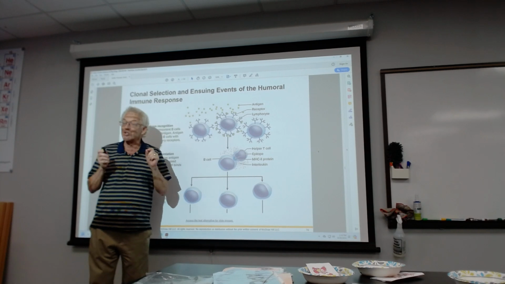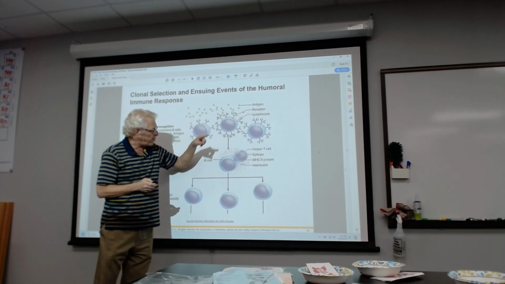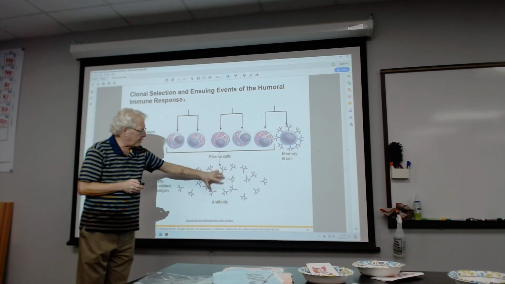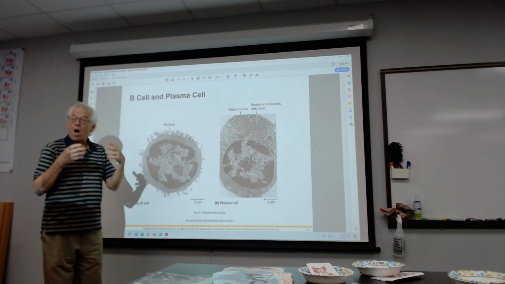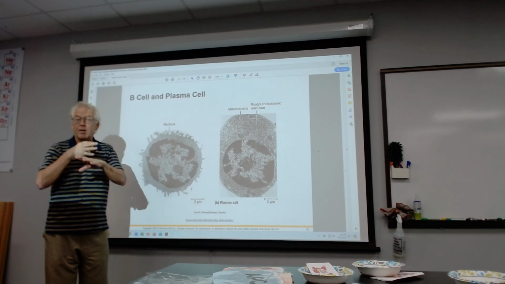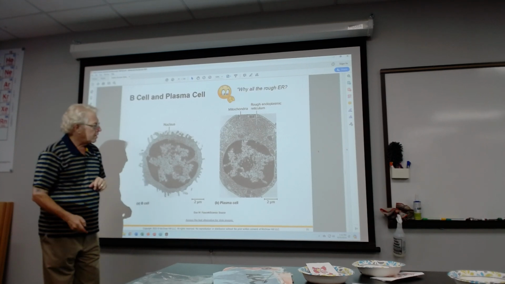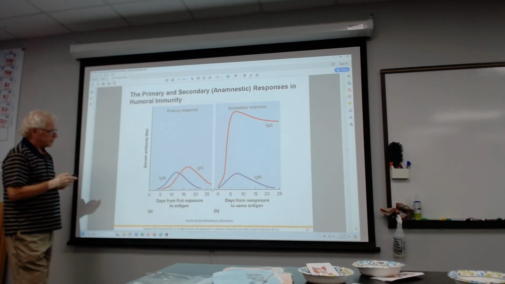Because they are just like the receptors. Got it? With the exact same shape. All right? We make a bunch of them, and they land on the bad guys, coat them so the macrophage can eat them up. Good. Done. Finished.